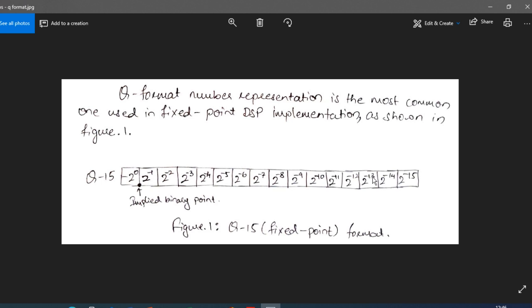This indicates that the value of the Q15 format is always less than 1. So any data, either the input or the coefficient, given to this digital filter should be less than 1. Otherwise, it should be scaled down. That is what we are going to discuss here.